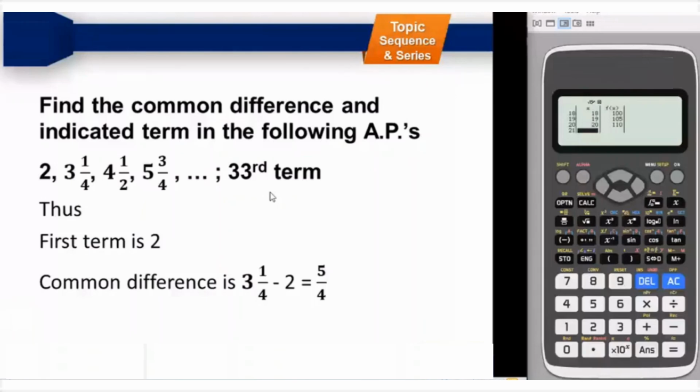But the difference of the common difference is the same, that is 1. Then it is called a triangular progression. So you have to observe all these things and then make a sequence out of it. Once you make a sequence out of it, you can find any term using the calculator.